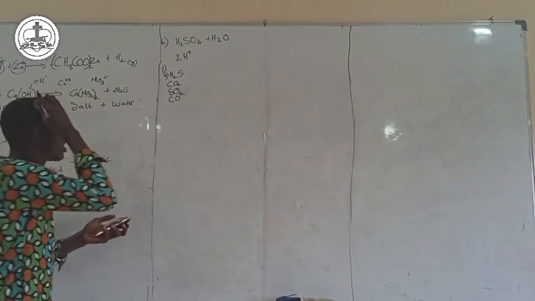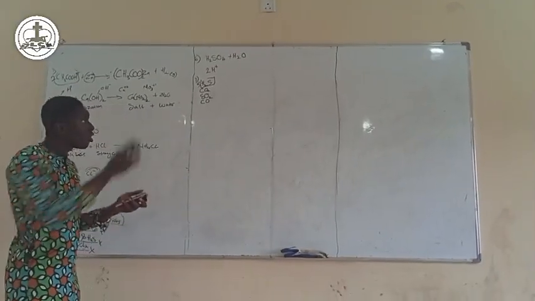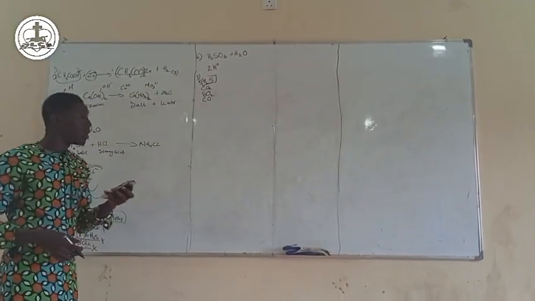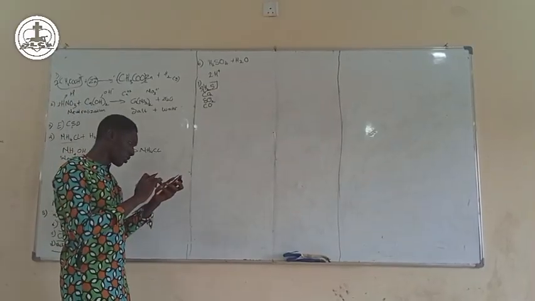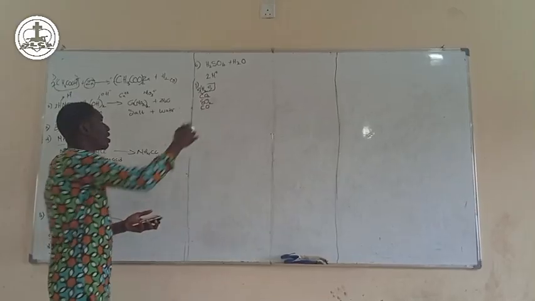So looking at this, hydrogen sulfide, yes, is dangerous, but they say all these gases are dangerous. But the question says which is the most dangerous pollutant? They are all pollutants.